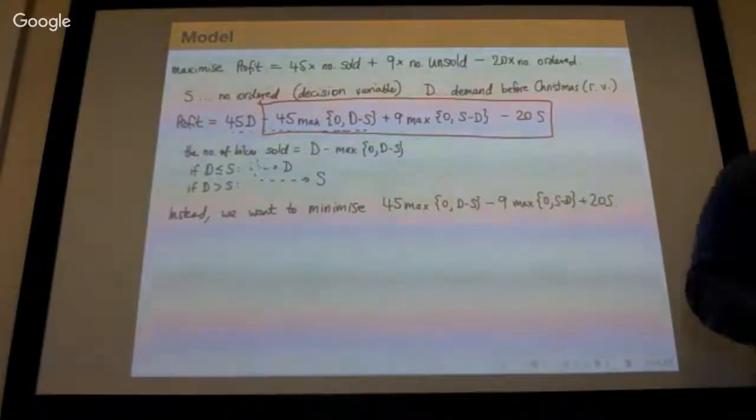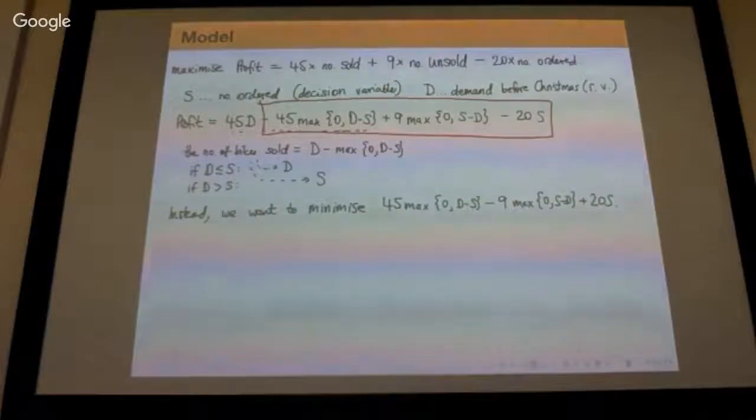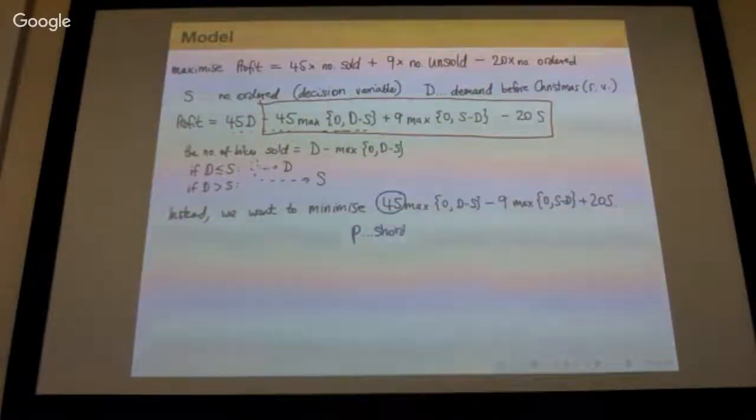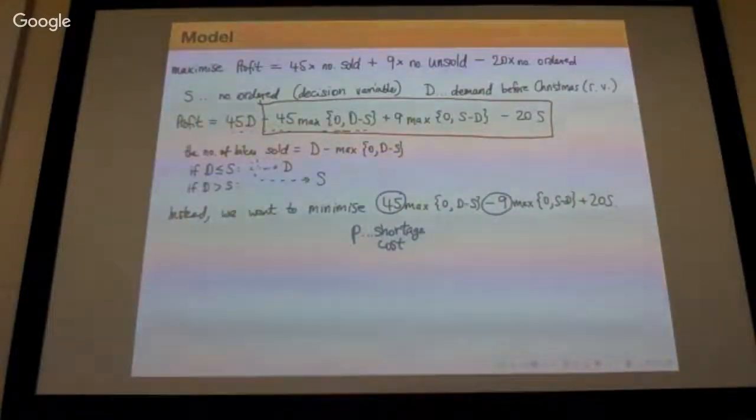Okay. Now in what we're doing, this 45 is going to be called P, which has usually been the shortage cost. This minus 9 is going to be H, which we used to call stock holding cost or inventory cost.